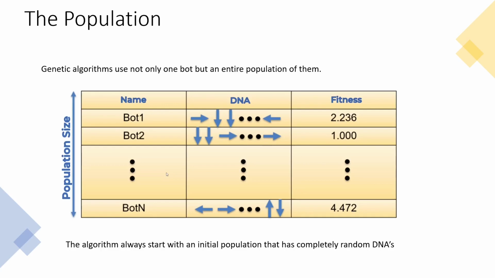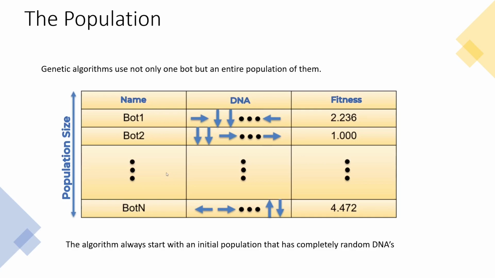Okay, another terminology: the population. We have seen DNA, DNA length, and the fitness function. Now we will be seeing the population. Genetic algorithms use not only one bot, but an entire population of them.